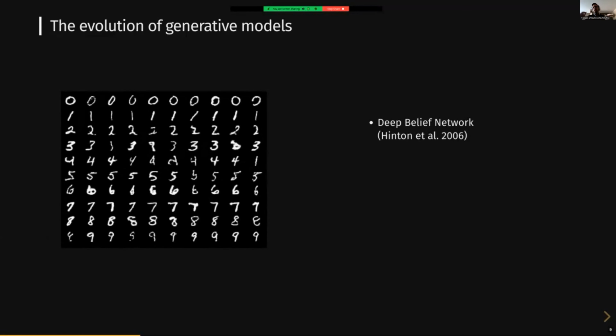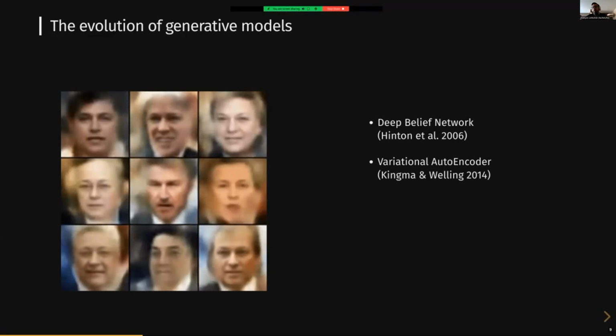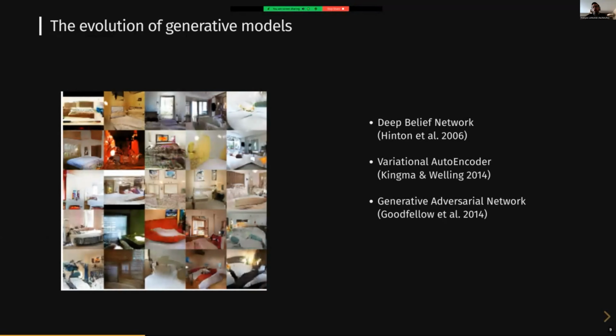These digits that you see here on the left are drawn from one of the deep generative models that have been trained on existing examples of digits. And then with time, we saw a huge phase transition in 2014 with the emergence of variational autoencoders and generative adversarial networks, which for the first time were able to learn with high accuracy the distribution of, let's say, natural images, so in a very high number of dimensions.